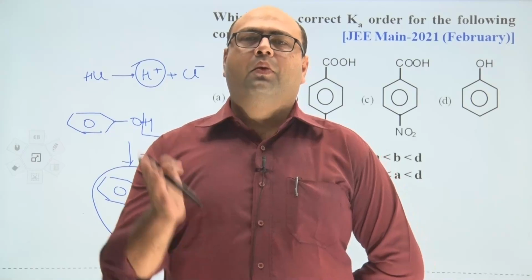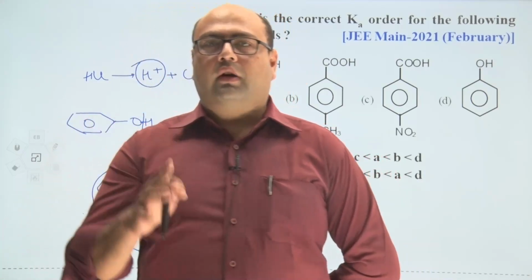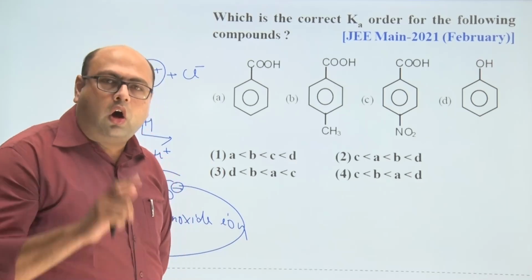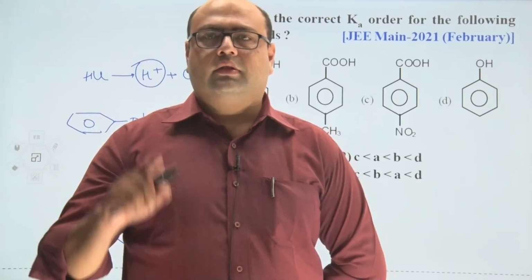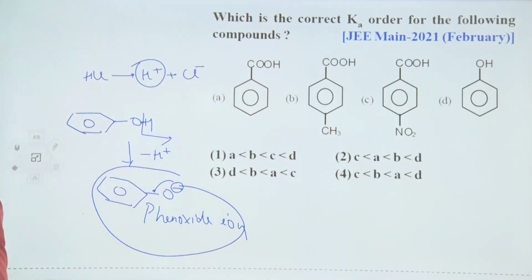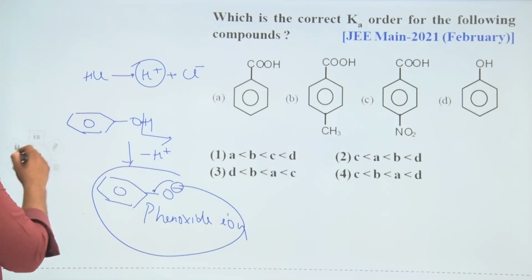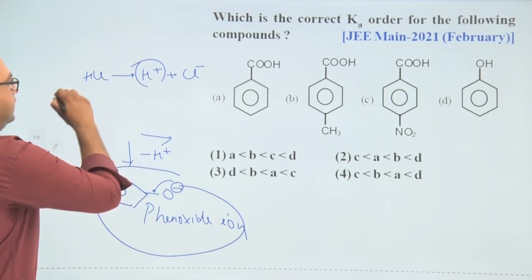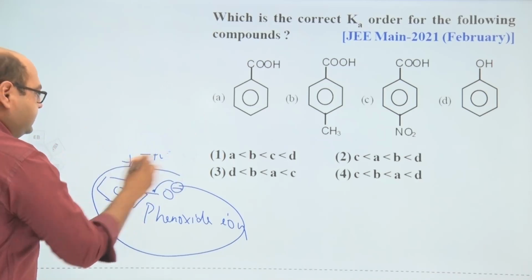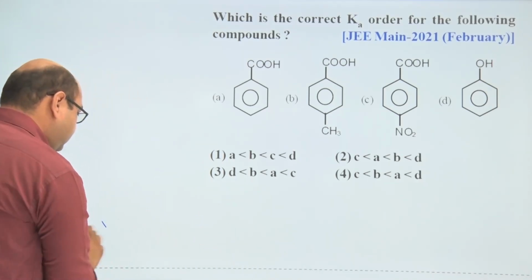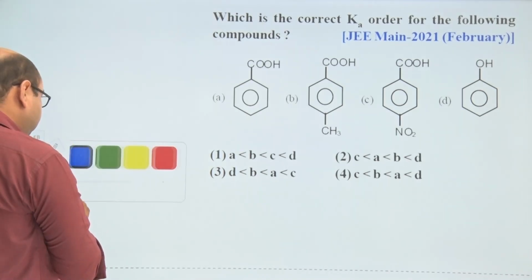The ion which will be most stable, the corresponding compound connected to it will be the most acidic, or will have the high Ka values or high acid dissociation constant. Okay, after discussing this concept, let's move on to the examples. Phenol is a very weak acid that was just taken to explain to you.